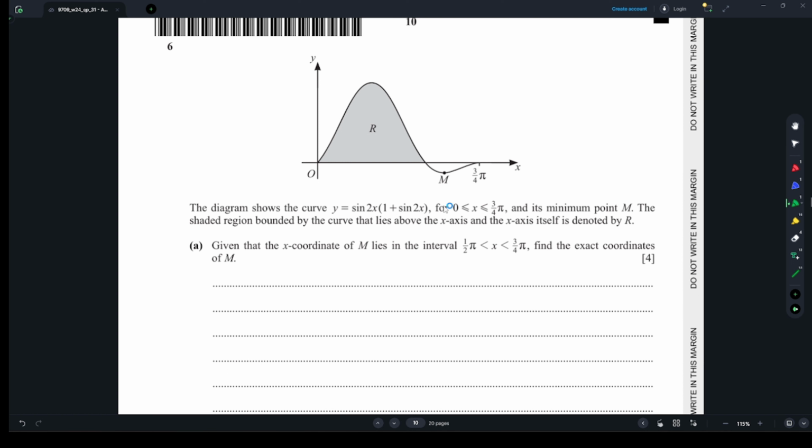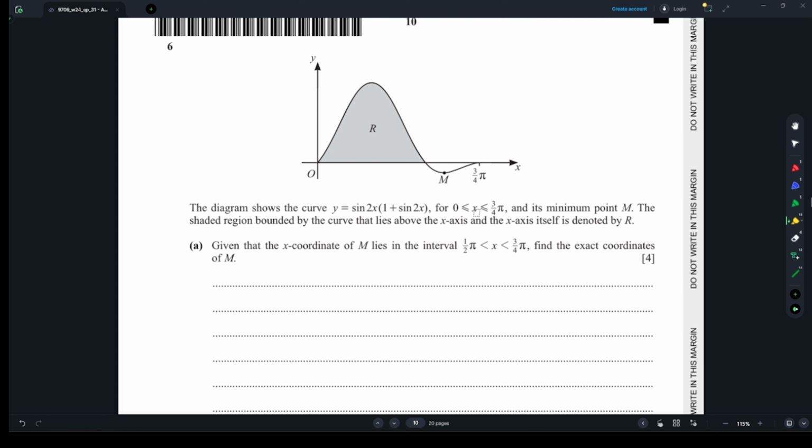So here, a diagram shows the curve y equals sine 2x times 1 plus sine 2x.